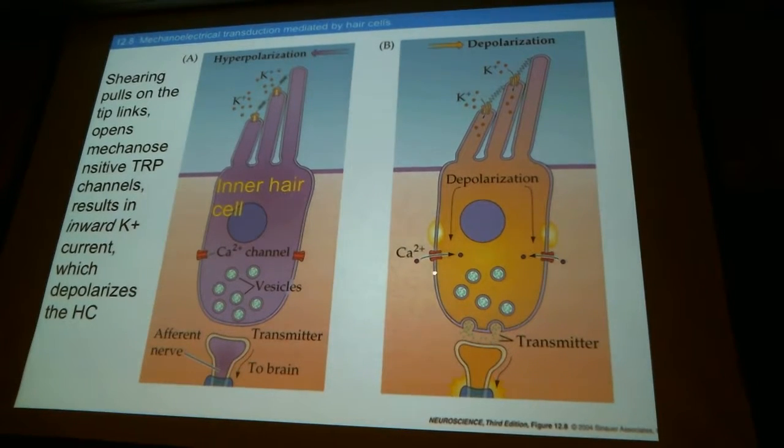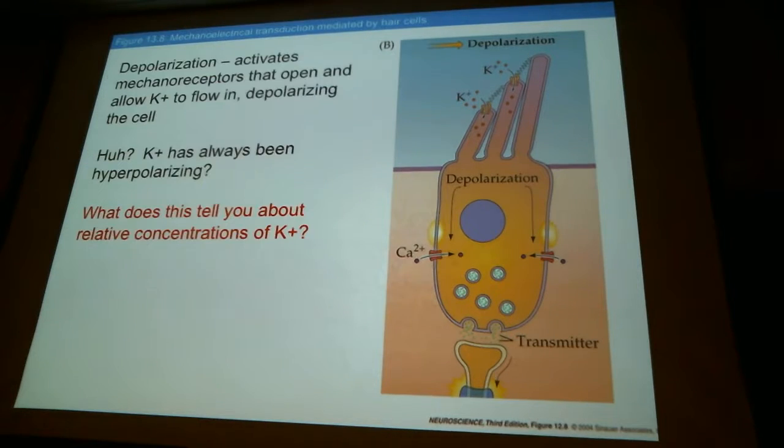The depolarization causes calcium influx, which causes neurotransmitter release from vesicles onto the auditory nerve afferents that are sitting here at the base waiting to be activated. All right. So the depolarization is because of potassium flowing into the stereocilia.